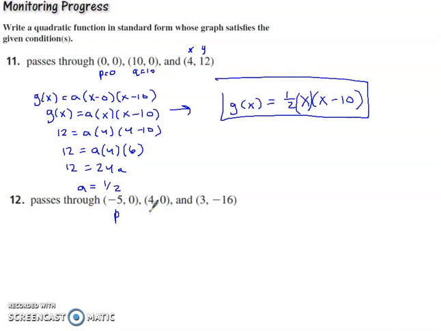Here my p is -5 and my q is +4. So a times (x + 5) times (x - 4). And then I replace x with 3 and y with -16 to determine the value of a.